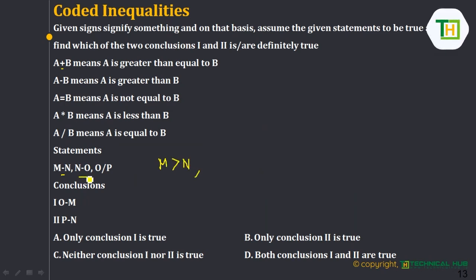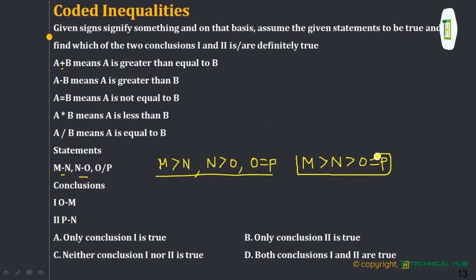Second one, n minus o, that is n greater than o, and o slash p, that means o equal to p. If I combine these three statements, I get m greater than n greater than o equal to p. This is the information we have from the given three statements.